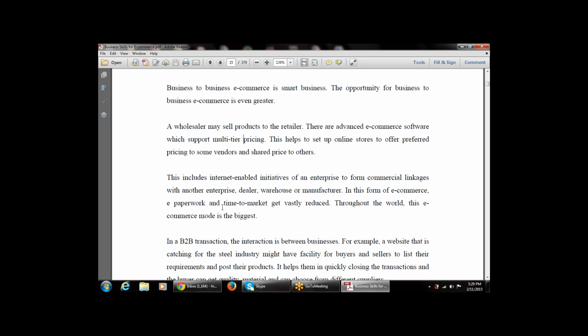So this includes the internet-enabled initiative of an enterprise to form commercial linkages with another enterprise, dealer, warehouse, or manufacturer. Whenever there is an internet initiative, the usage of the internet is high. There is a linkage of various enterprises and dealers, where two wholesalers deal with each other with the help of the internet.